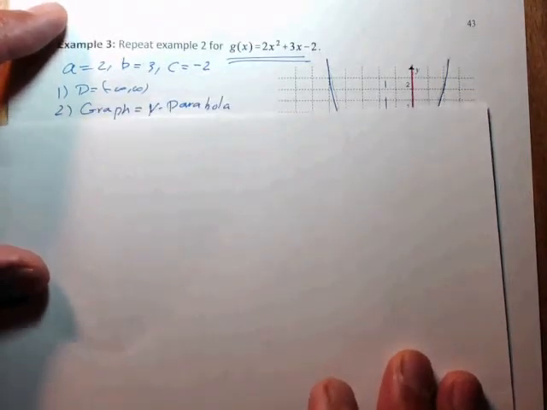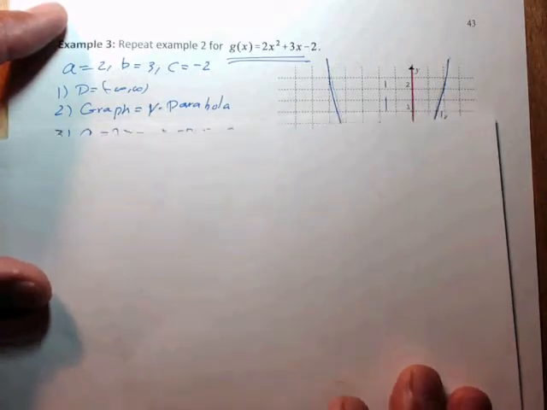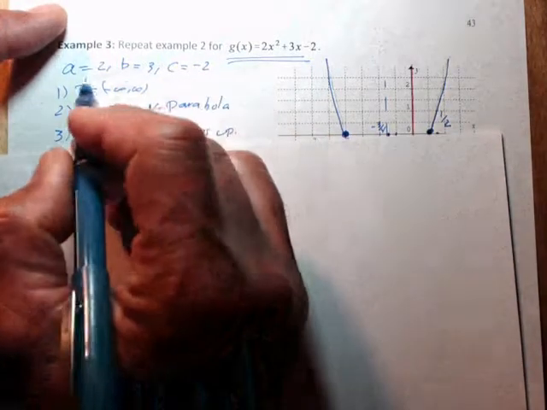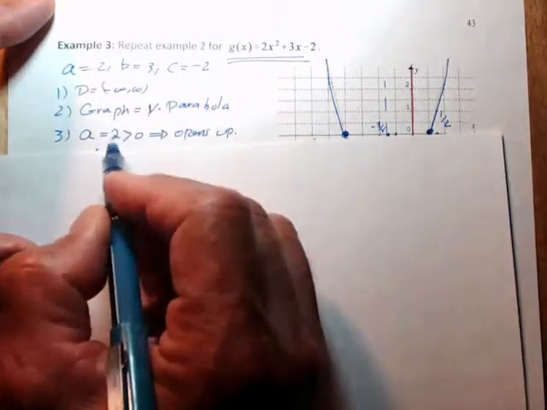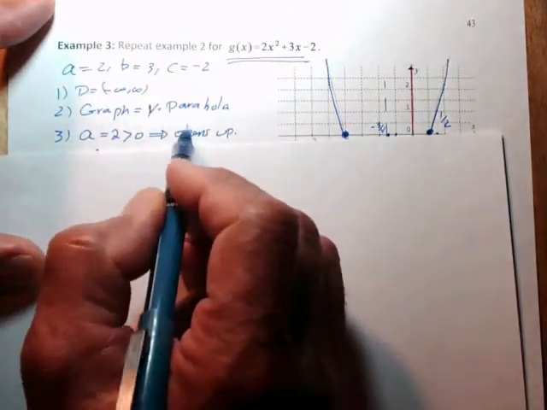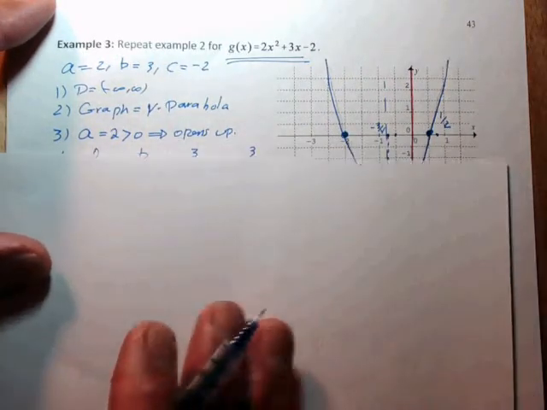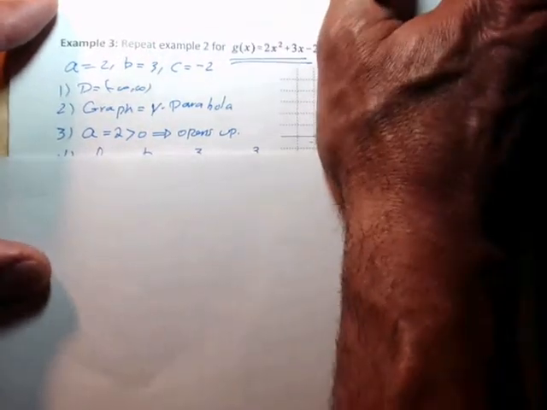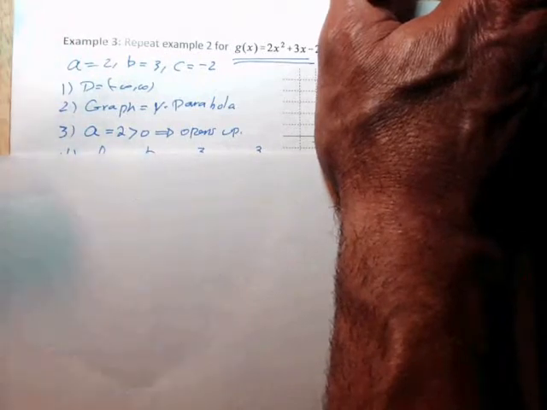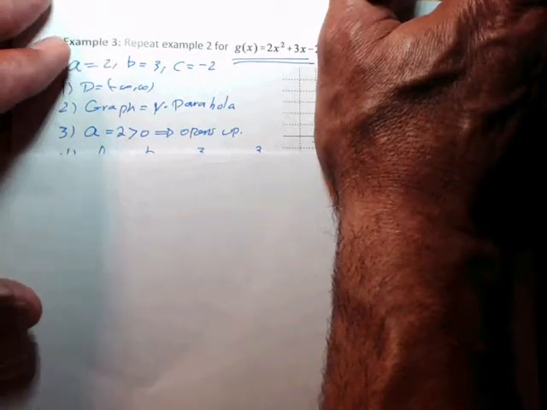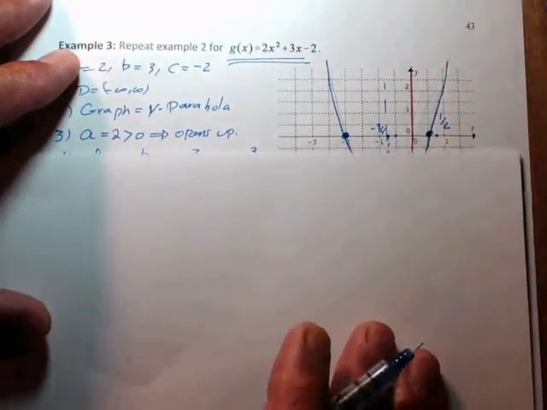And then the graph is a vertical parabola. And your a here, you see a is bigger than 0, so it opens up. Here's the graph that I did. As I said, I recorded this video and it didn't have sound, so I have to redo it and use the same thing I did again.